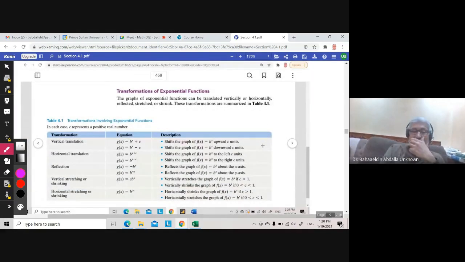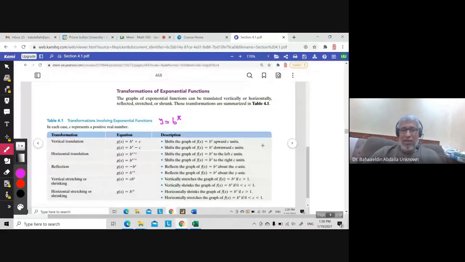Now let us move to a very important point, which is transformations of exponential functions. We studied transformations in 001, different kinds of transformations. We will do transformations here of the exponential function y equals b to the power x.